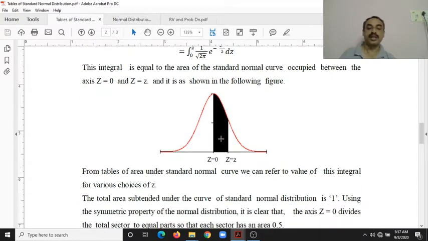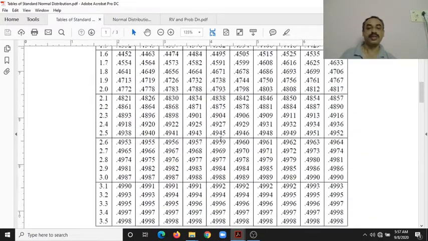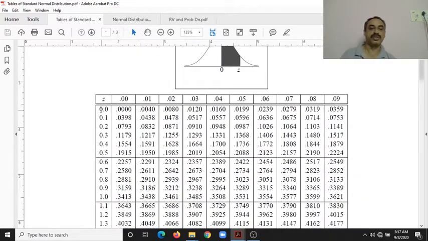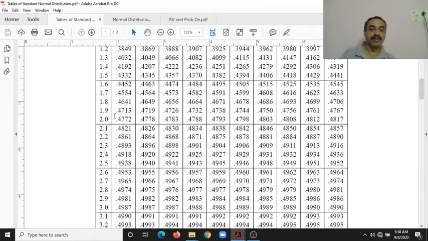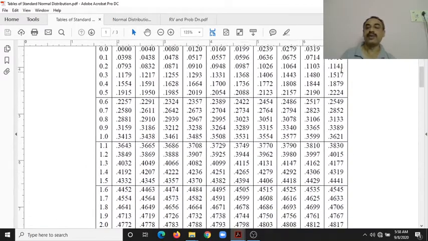From tables of standard normal distribution, we will get the probability of 0 to z, or the area of the standard normal curve between 0 and z. We have different choices of z in the tables. The value of z is combined using the columns and rows. We have the least value of z as 0.00, and the greatest value of z available in the table will be 3.59.